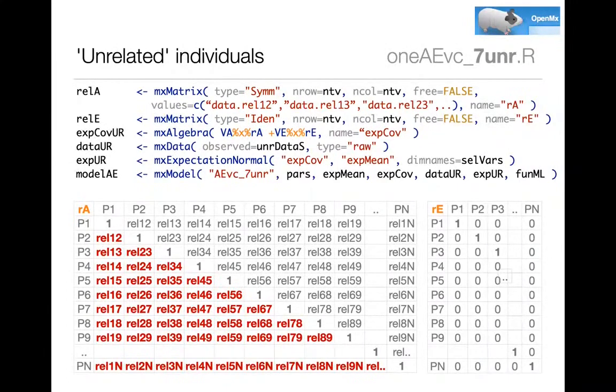Of course, there wouldn't be any C component if these are really unrelated individuals that do not live in the same household. So we would just have an AE model. But basically, this could be extended to look not just at two individuals at a time, but at a whole population and work out their genetic relatedness, which is what is being done with the genetic relatedness matrices calculated from large samples of genotyped individuals.